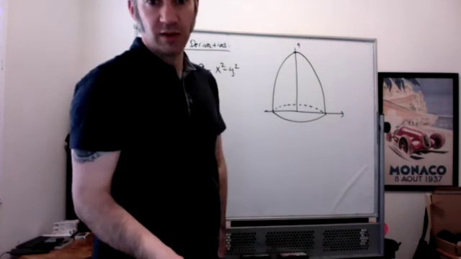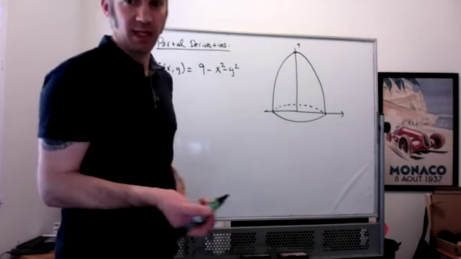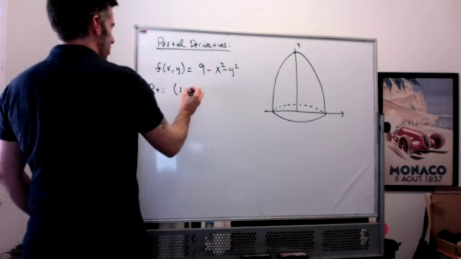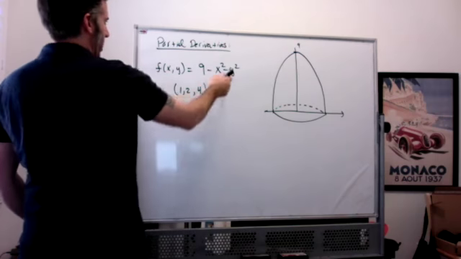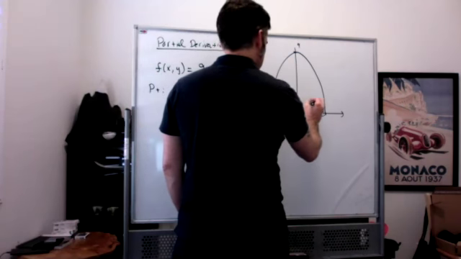What I'm really interested in is investigating what's happening at the point 1, 2, 4. If x is 1 and y is 2, then z is 4. So I'm going to go this way.